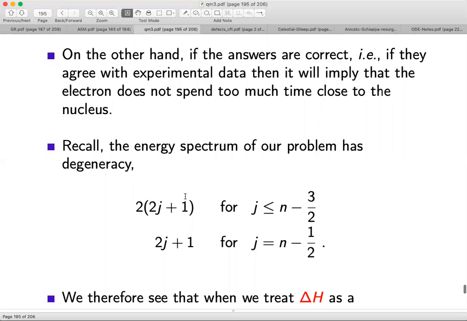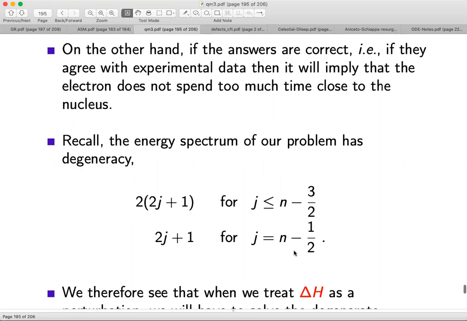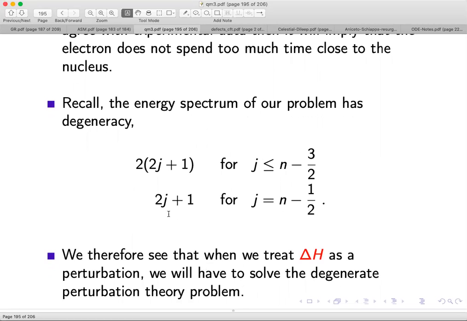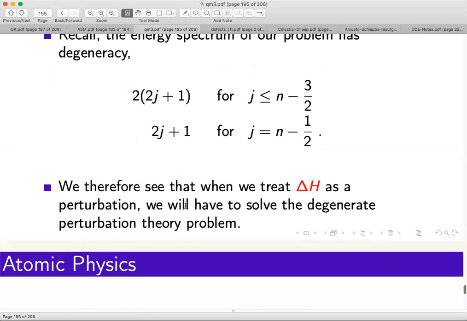It is 2 times 2j plus 1 fold degenerate for j less than n minus 3 half, and it is 2j plus 1 fold degenerate when j is equal to n minus half. Therefore, when you want to treat delta H in perturbation theory, we actually have to solve a degenerate perturbation theory problem. We not only have to use the new Hamiltonian, but we have to solve the degenerate perturbation theory problem first.